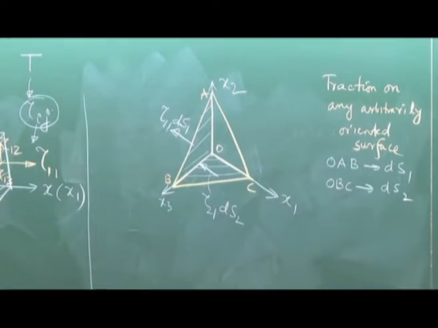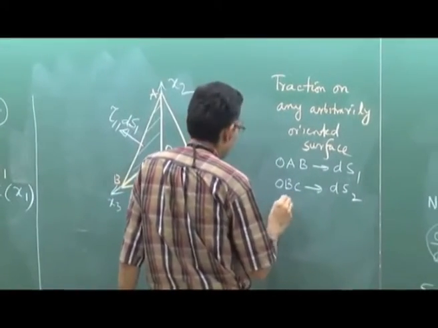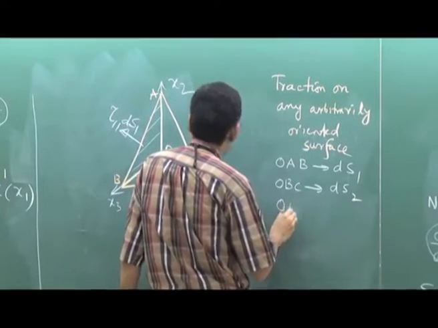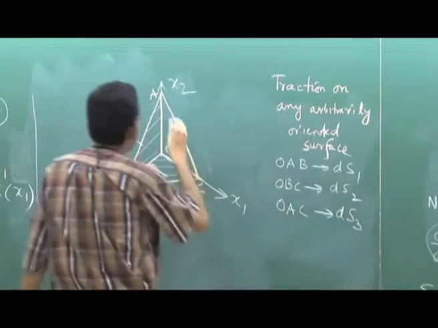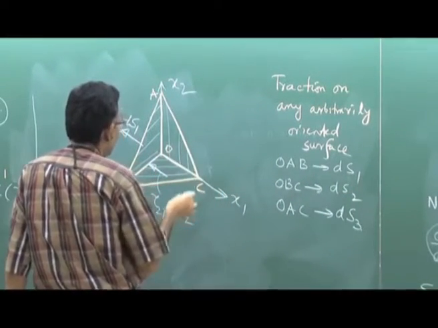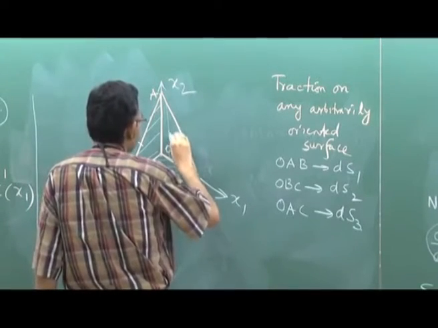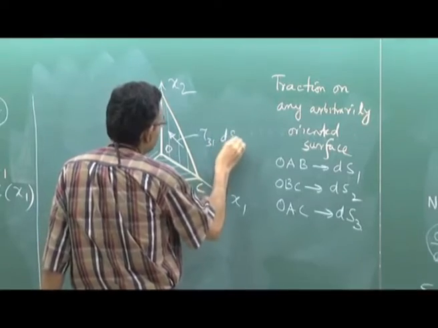The third, OAC, let us say this area is ds3. Similarly for this also the force is tau 31 ds3.